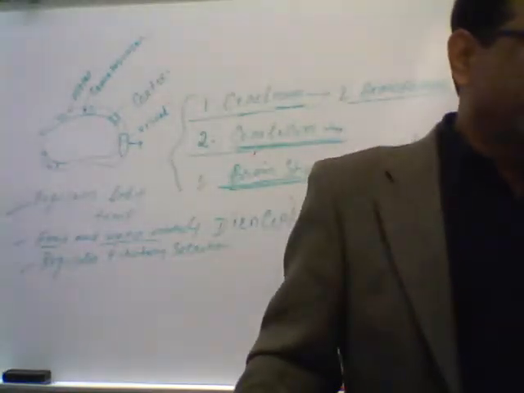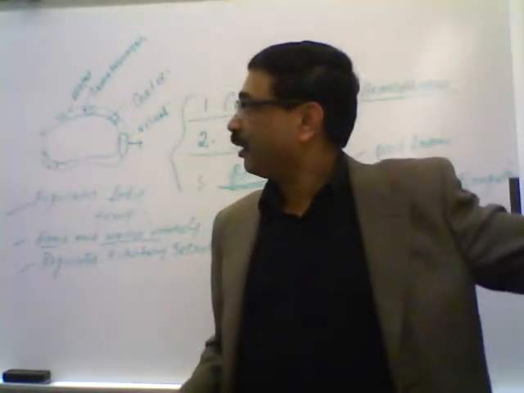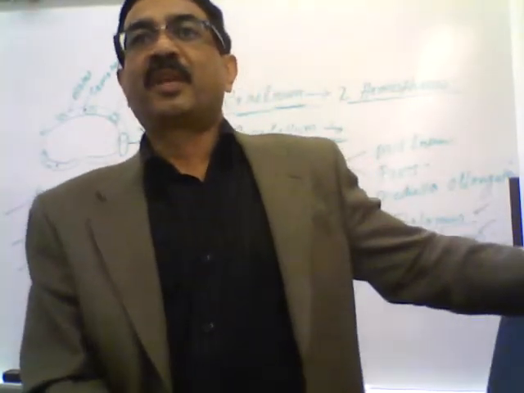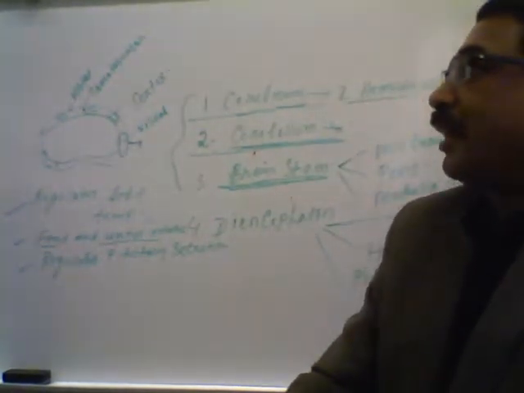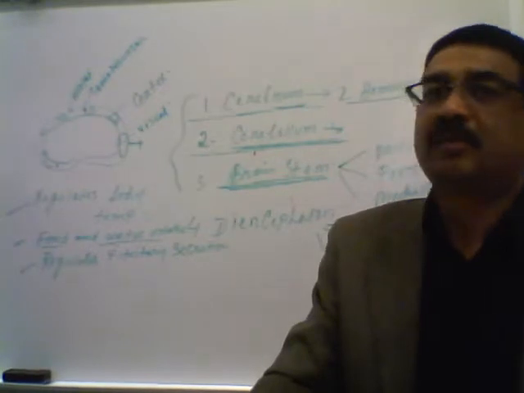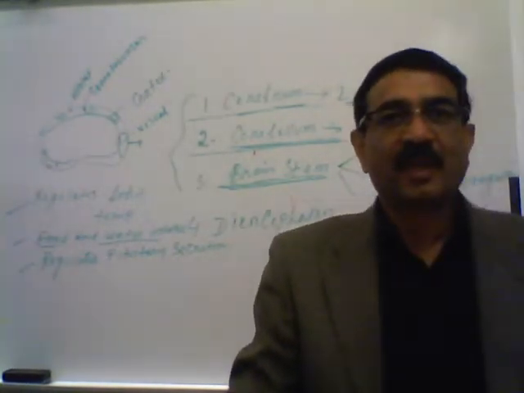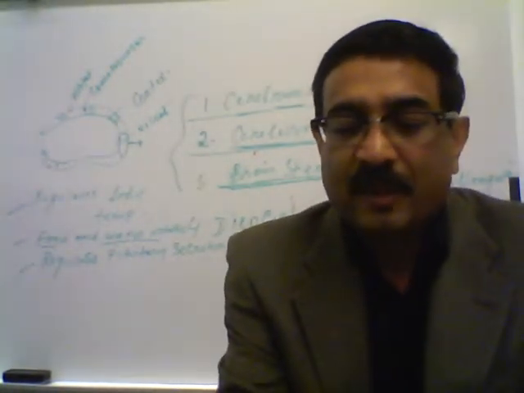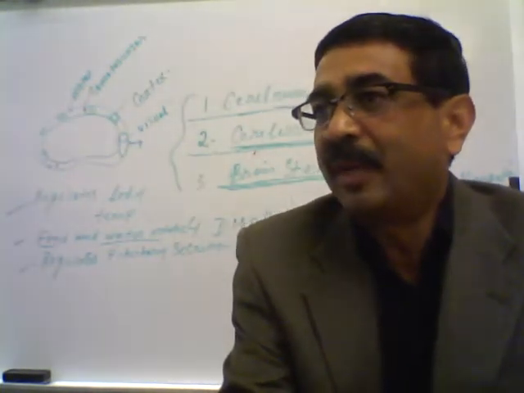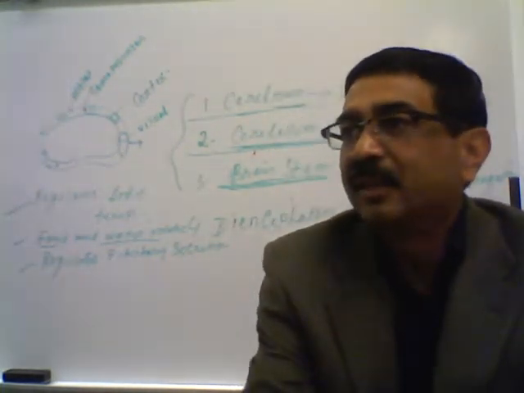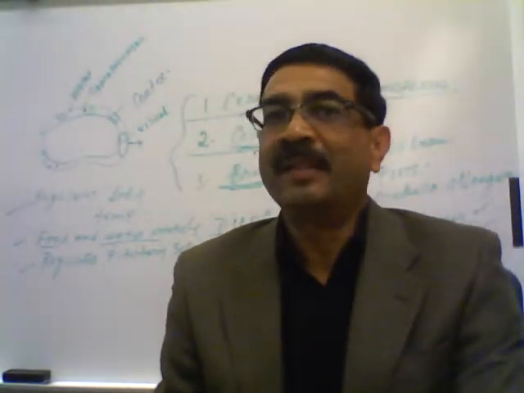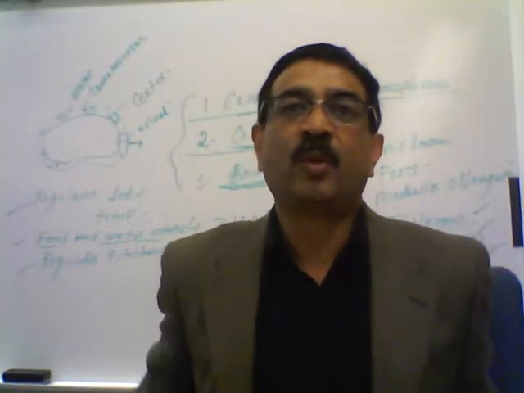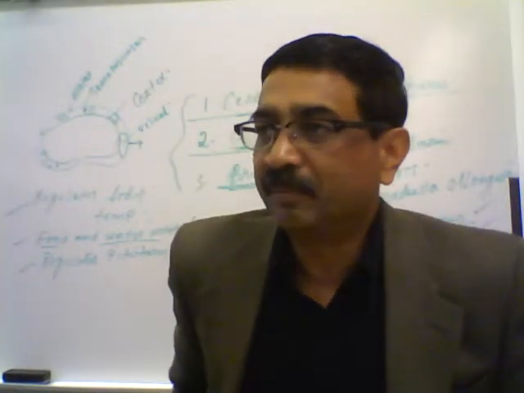Now we'll see the cerebral hemispheres. On the surface of the cerebral hemisphere, you have seen the sulci and fissures. On the surface of the cerebrum or cerebral hemisphere, you'll see many shallow grooves, look like lines, and those shallow grooves are called sulci.